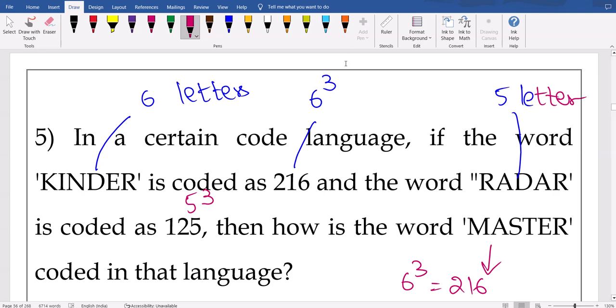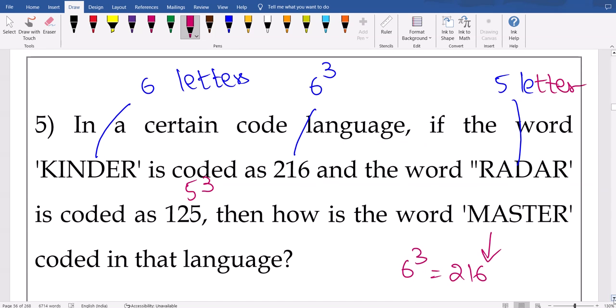So when we see numbers now, we have a thought process like, okay, forward coding, reverse coding and all. But here it's regarding the number of letters. How many letters? That value cubed, 6 cube, 5 cube, all those they have given.